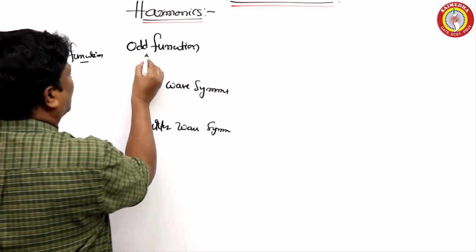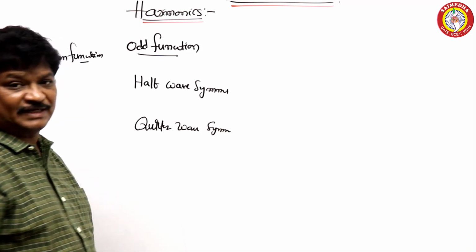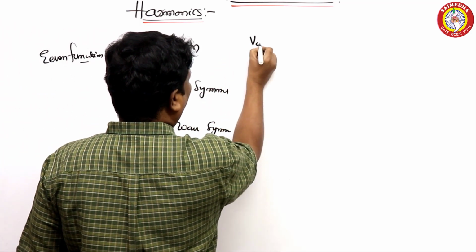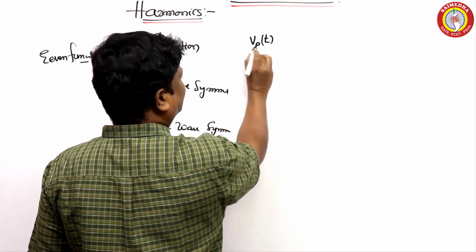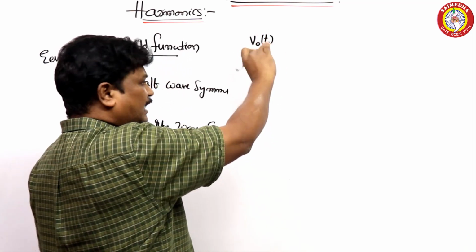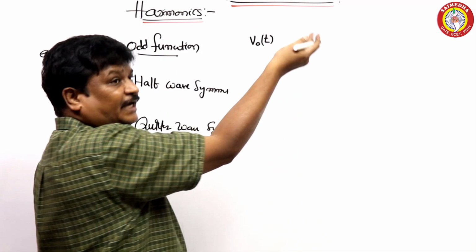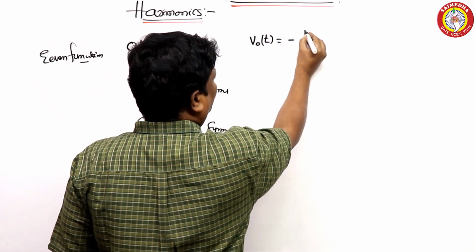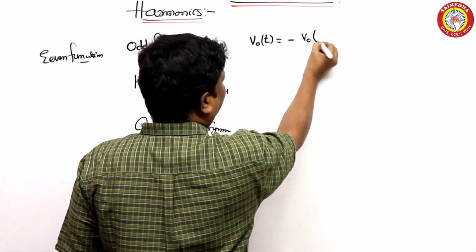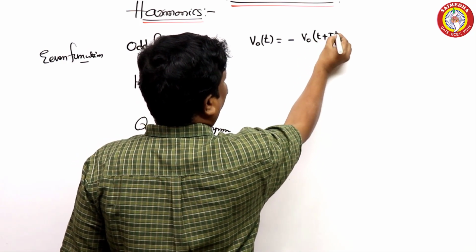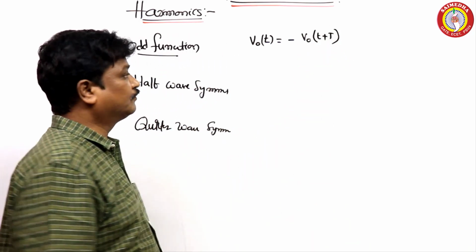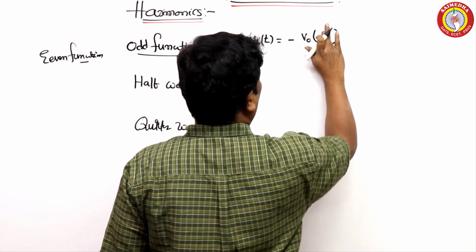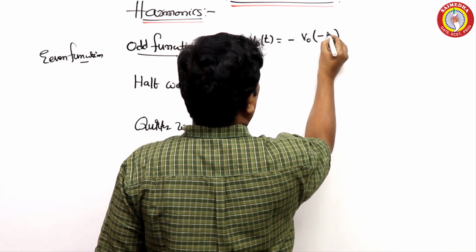Sir, what is meant by odd function? An odd function is nothing but V0 of t, your output voltage V0 of t, or current I0 of t, or f of t, is equal to minus V0 of minus t.